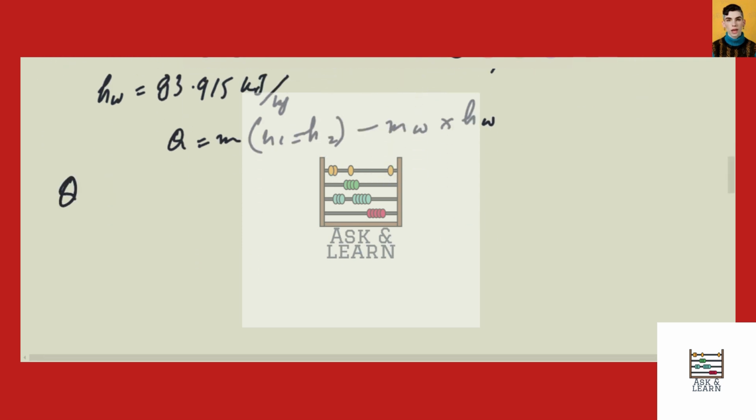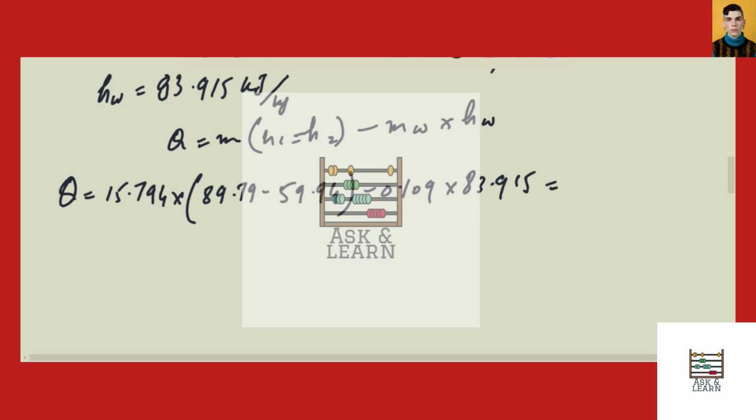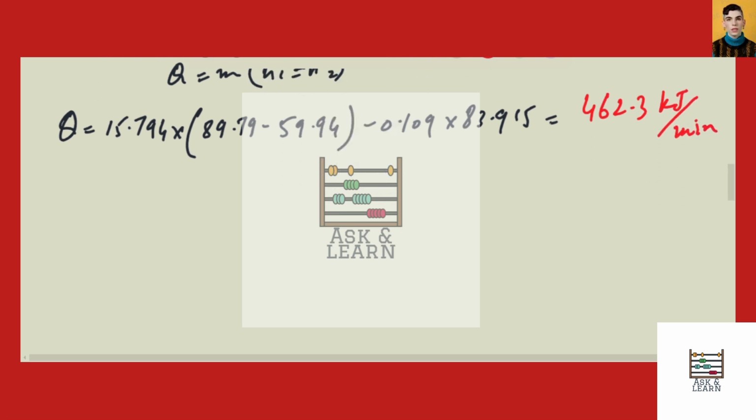So putting the values, Q is equal to 15.794 multiplied by 89.79 minus 59.94, minus 0.109 into 83.915. So the value Q is equal to 462.3 kilojoules per minute.